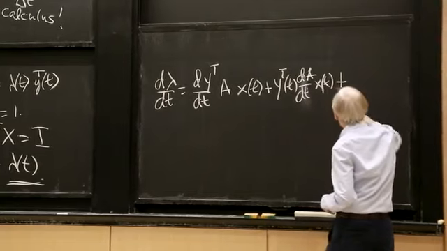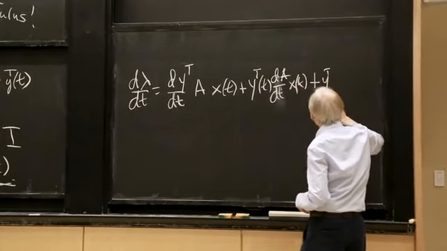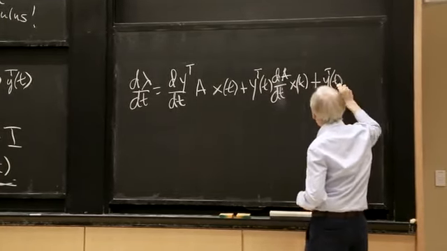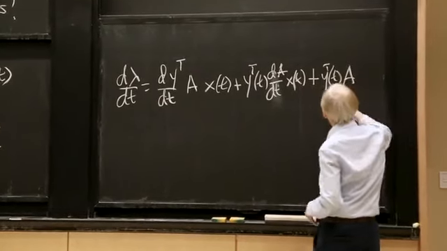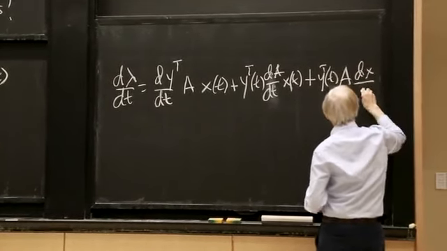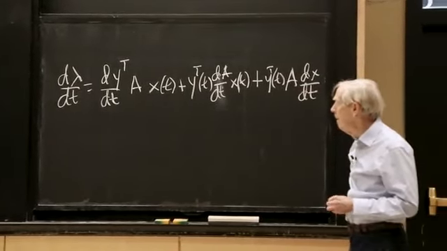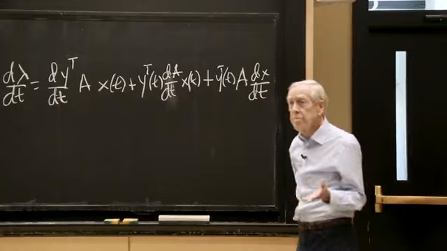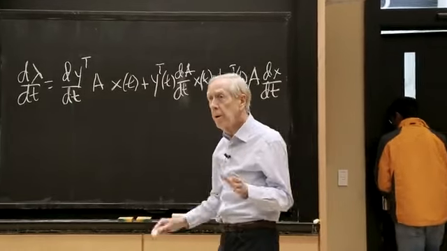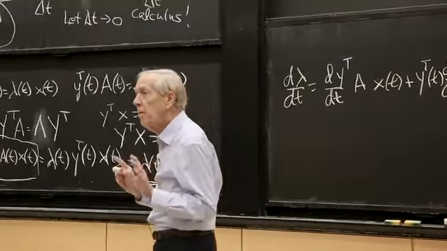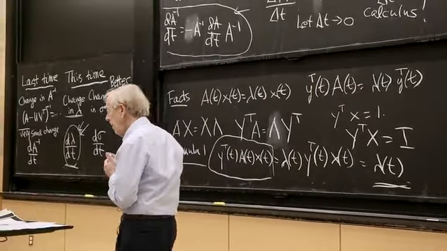And the third guy, y transpose of t, A of t, dx dt. Okay? We are one minute away from a great formula.